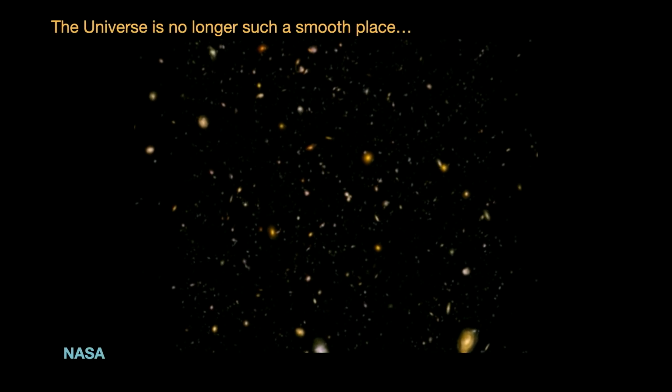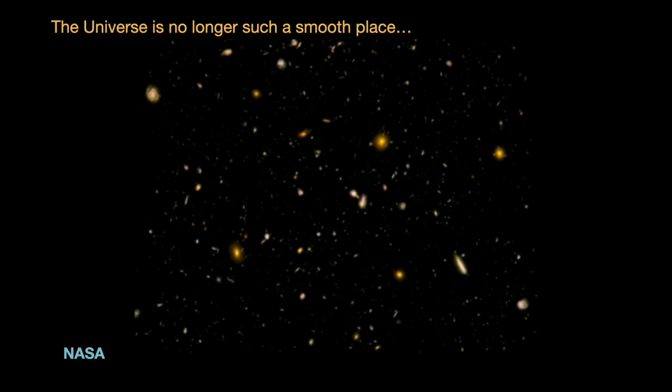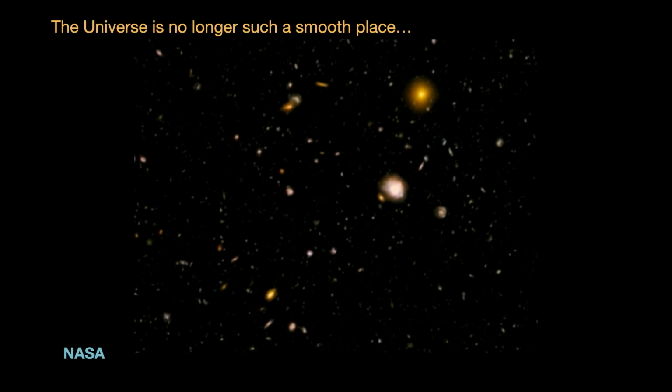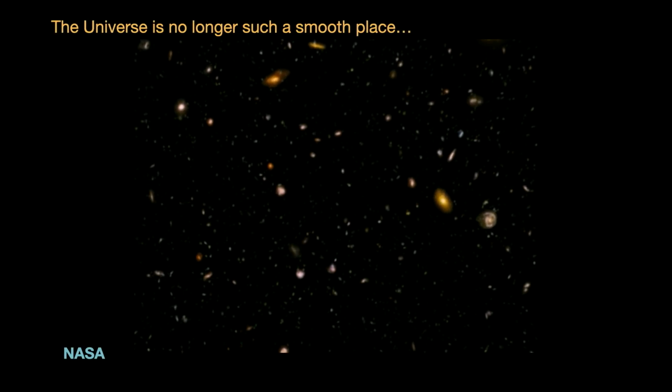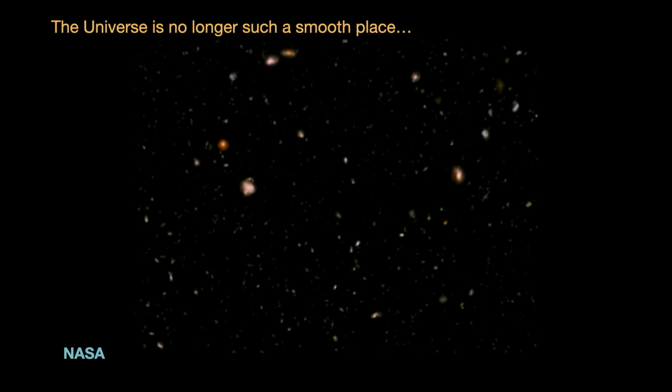Matter is very unevenly distributed. There are all these lumps of matter, known as galaxies, and in between, not so much matter. The universe now is a very inhomogeneous place.